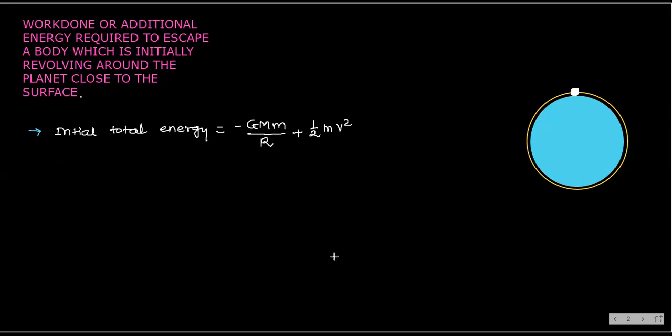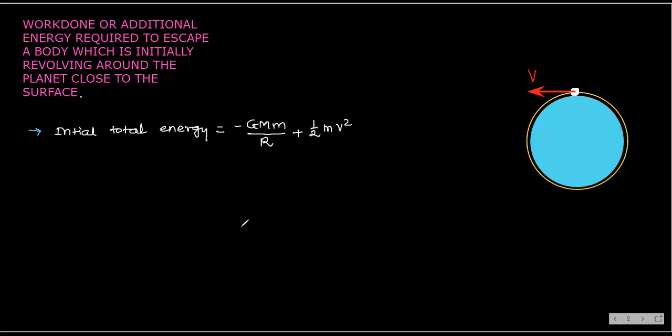Assume that this body is revolving with speed v, which is very near to the surface. This is what we can call orbital velocity. Let it be v, because I have written v now, so we'll keep it as v only, no problem.